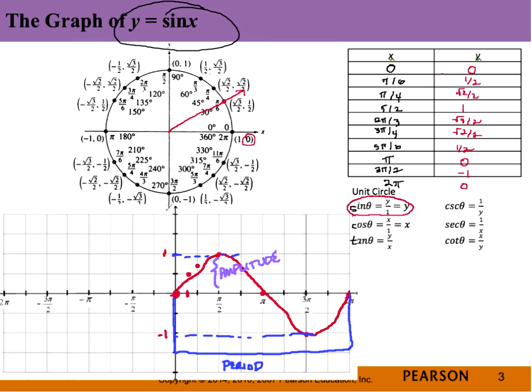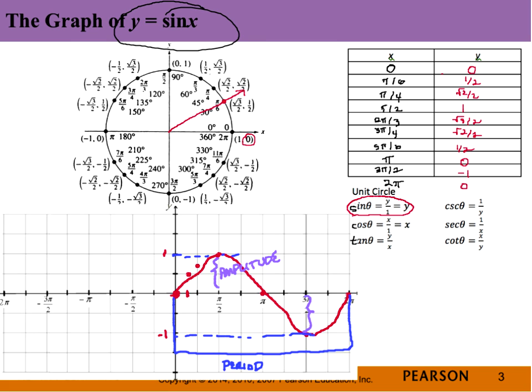And the amplitude's a positive value because it's a distance. So this distance here from the x-axis up to the maximum is equal to this distance from the x-axis down to the minimum because they each go one full unit.